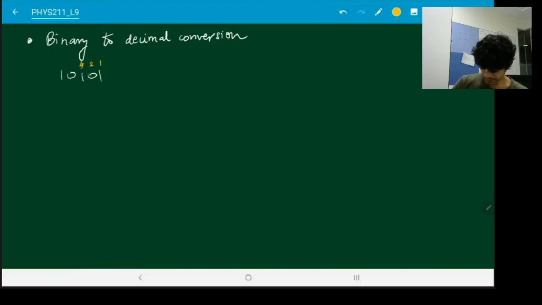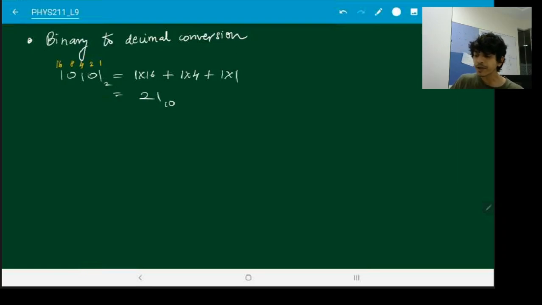This is the coefficient of 4, coefficient of 8, coefficient of 16. So this is just 1 times 16 plus 1 times 4 plus 1 times 1. So that is 16 and 4, 20, and this is 21. So 10101 in base 2 is 21 in base 10.